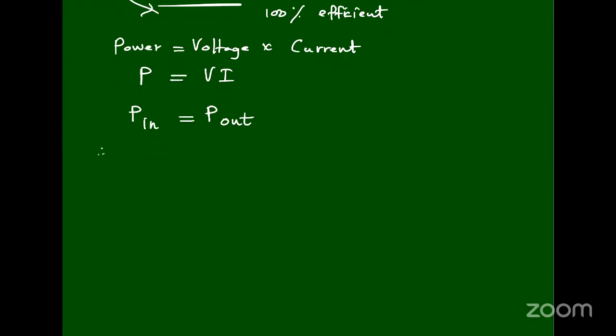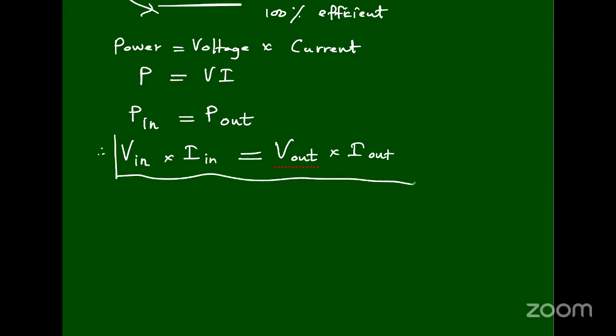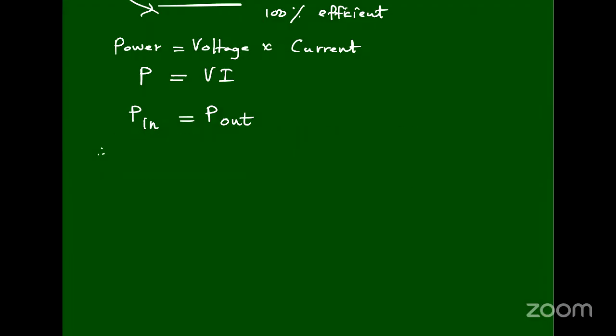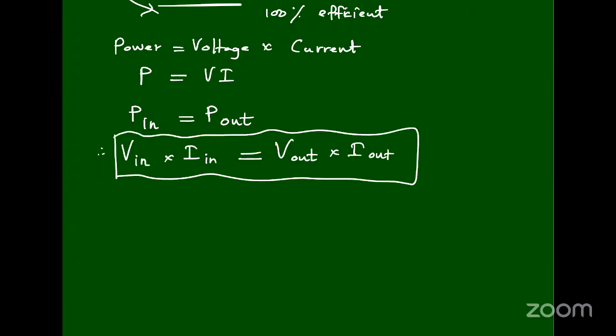Which means we can write voltage in multiplied by current of the input must be equal to voltage output into current of the output. So this is the power equation.